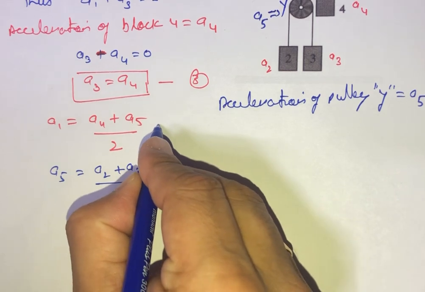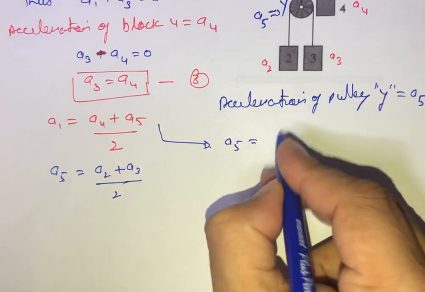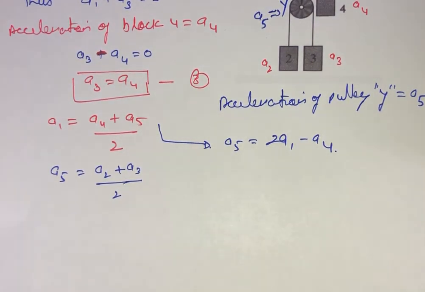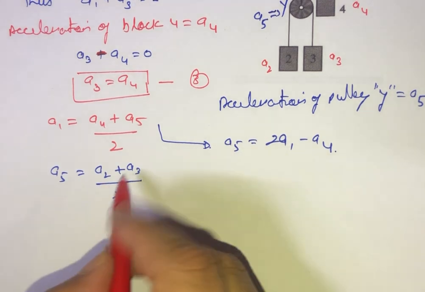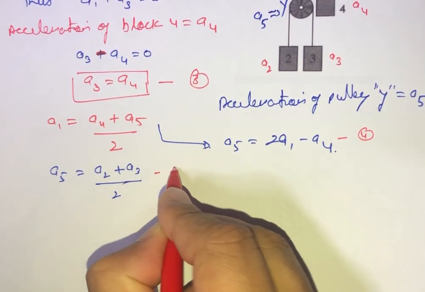From here we can write that a5 is equal to twice a1 minus a4. Let us say this is equation number 4 and this is equation number 5.